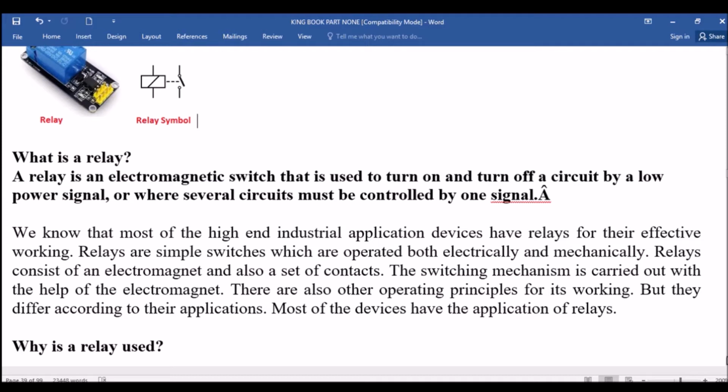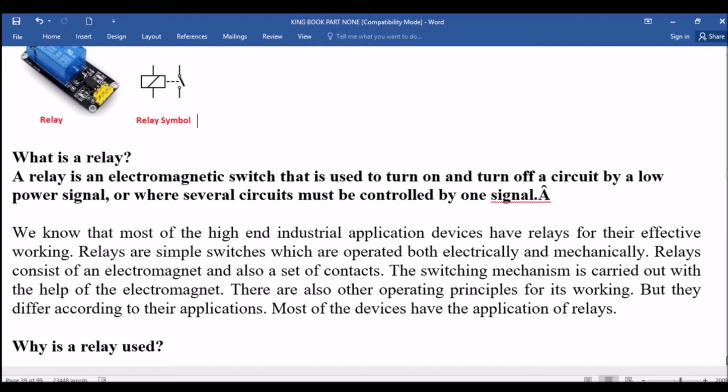We know that most higher-end industrial application devices have relays for their effective working. Relays are simple switches which are operated both electrically and mechanically. We talked about that above: it has two parts, a part that is electrical or electronic, and a part that is mechanical. A relay consists of an electromagnet and also a set of contacts.